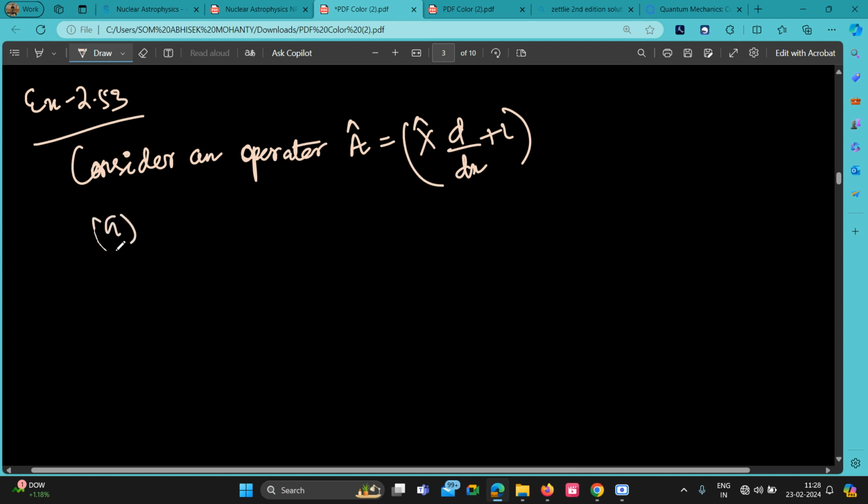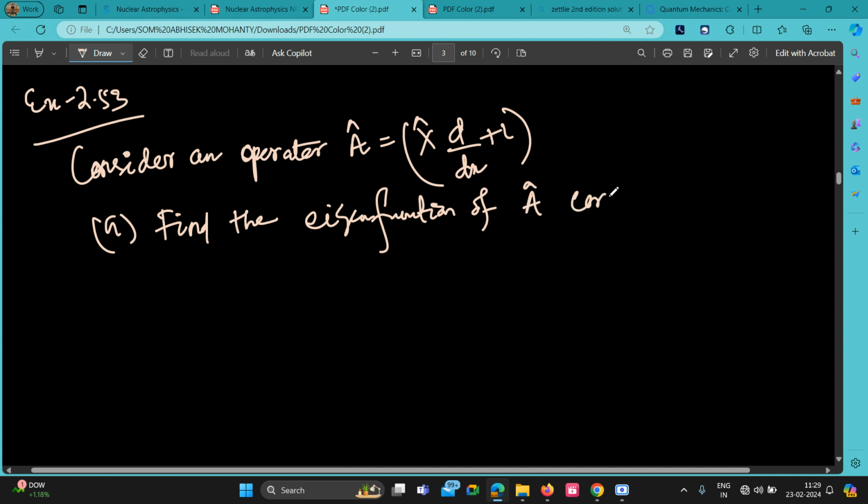Part a: find the eigenfunction of A corresponding to zero eigenvalue.